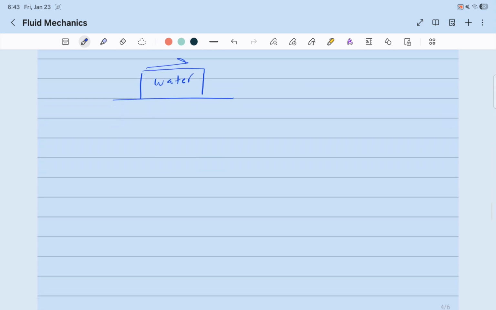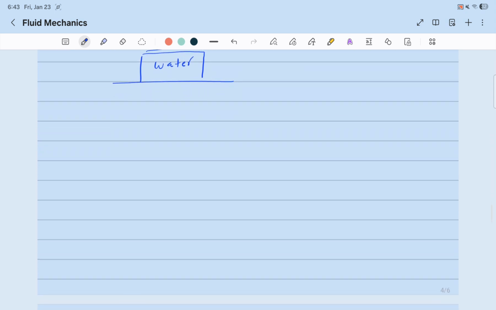Okay, for the unit system we'll be using, we'll use SI and also British gravitational or imperial, which is mainly used in the US. It's good to have because some of the pipes or machinery are manufactured in the US, so you need to be familiar with both unit systems.